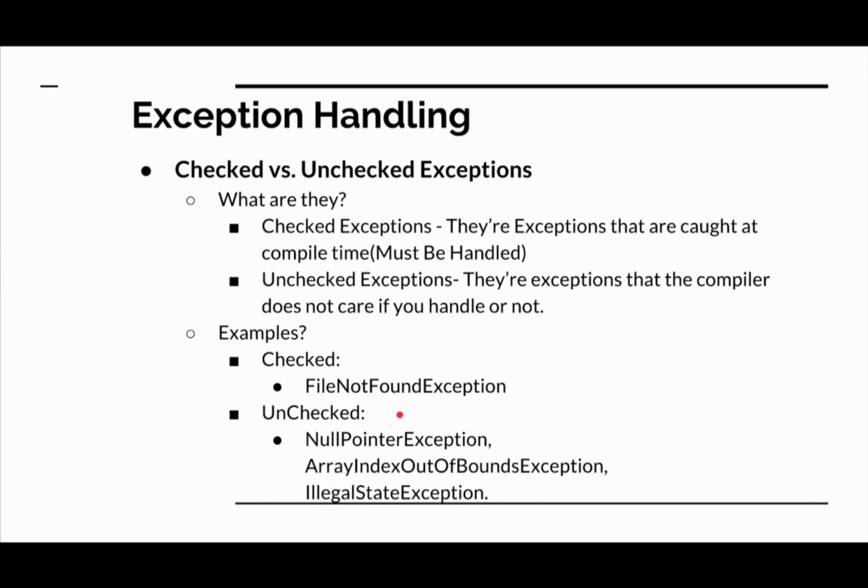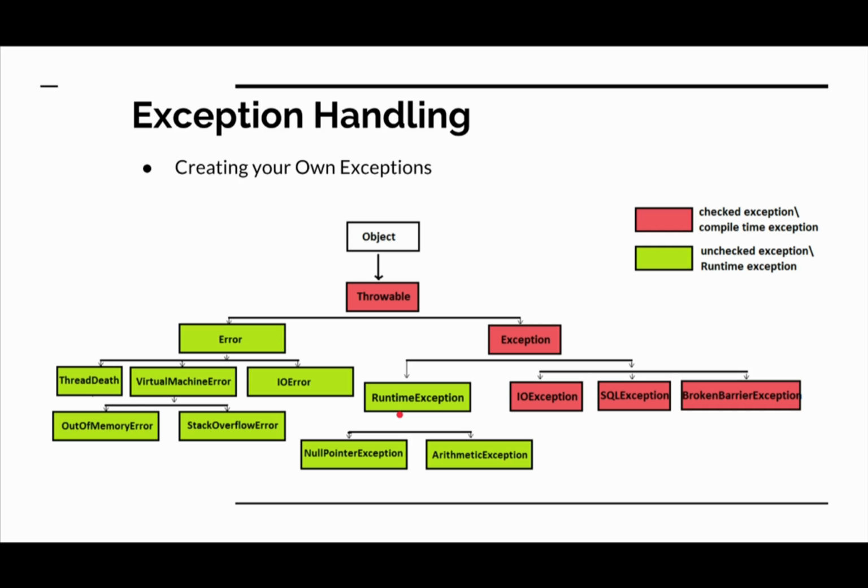And then really that's the difference. And just another quick diagram to show you. Here I have the different types of checked and unchecked exceptions. And this is just an inheritance map, sort of.